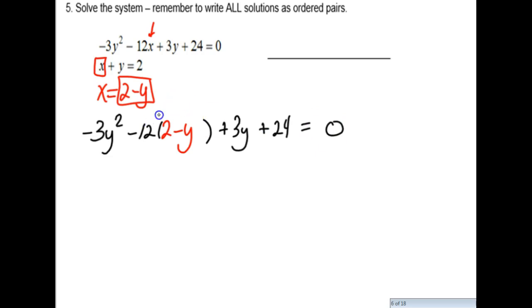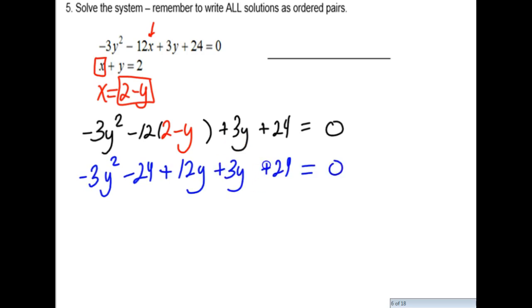All right, distribute the negative 12, plus 12y, then plus 3y plus 24, and of course we have a quadratic. Which means we're probably going to get 2 solutions. Collecting all your like terms, we've got negative 3y squared, and then right here you have plus 15y.